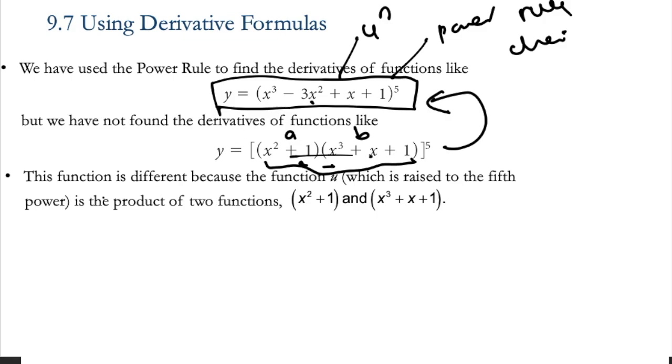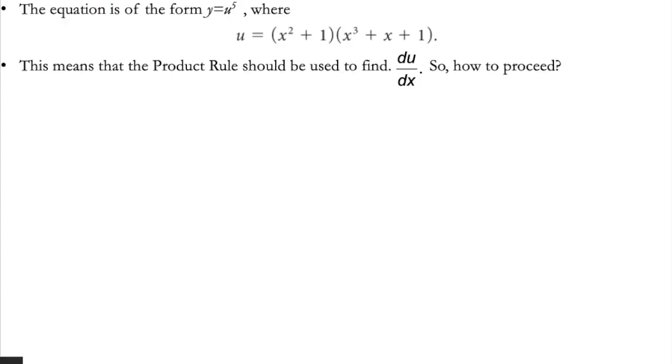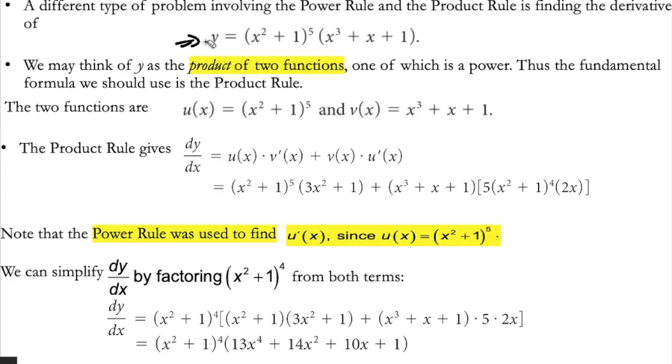So this function is obviously different because the function u, which is raised to the power, is the product of 2. The product means what? You can see clearly, product means multiplication, the product of this A and this B, isn't it? Alright? So how should we proceed? That's my question. How do we solve it?